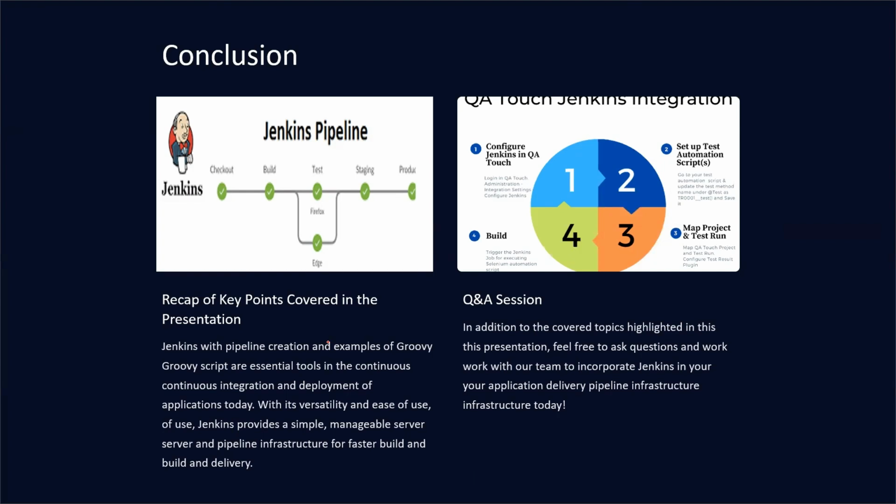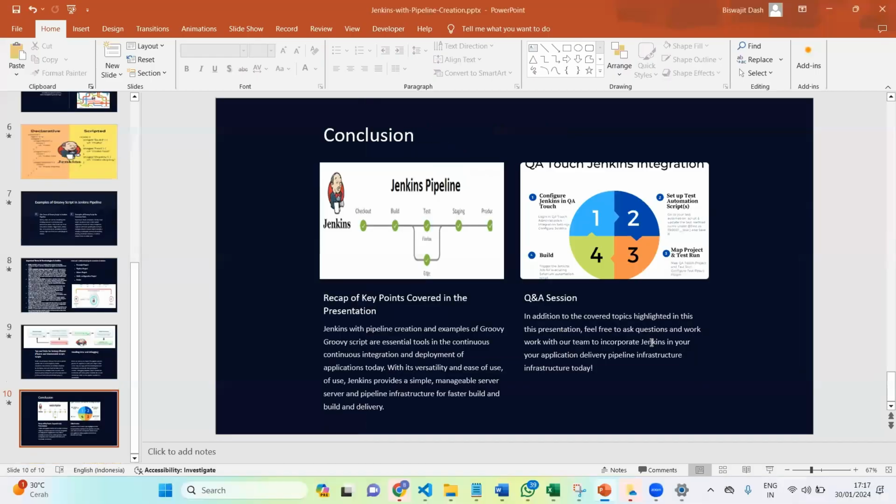In addition to the topics covered in this presentation, feel free to ask any questions, work with your team, incorporate Jenkins in your application. There is already so much documentation available. You go to the Jenkins website, the installation is already there. You can install Jenkins on Windows or Linux or Ubuntu, whatever you want to use.